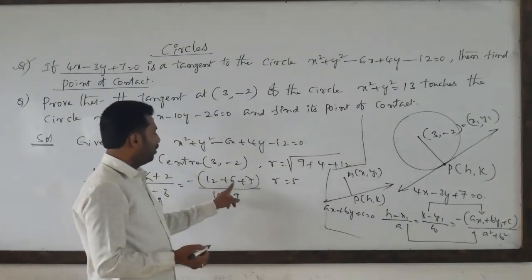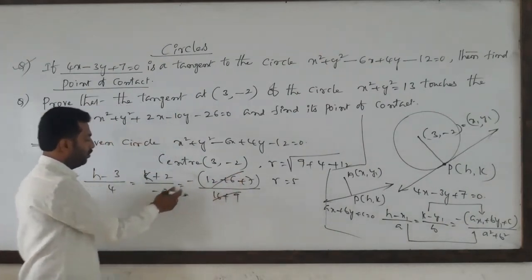This is 25, and 12 plus 6 plus 7 is 25. Both will cancel. Then what is left here? Minus 1.